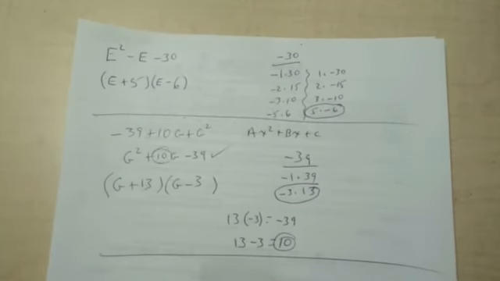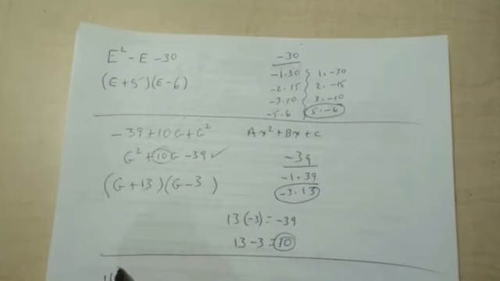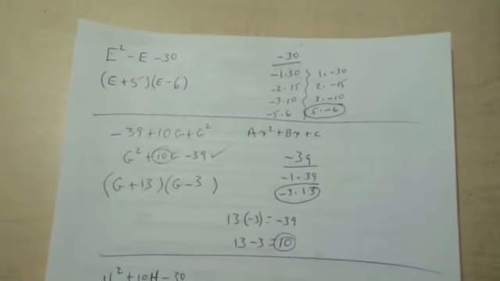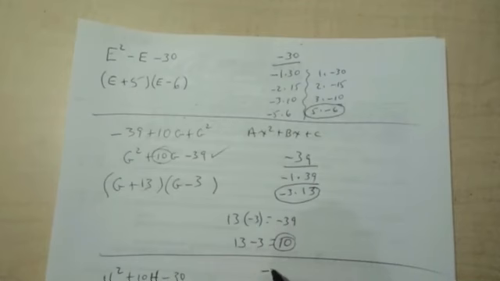And if they can't be factored, if we have h squared plus 10h minus 30, this is an h. We want the factors of negative 30 that add together to give us 10. We know that this needs to be a positive number, so we start out with negative 1 times 30, negative 2 times 15, negative 3 times 10, and negative 5 times 6.